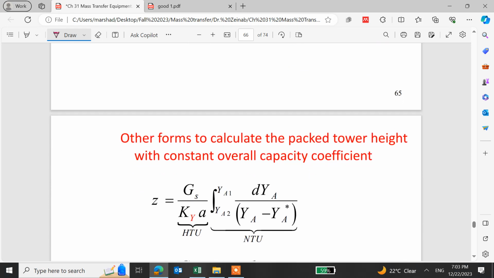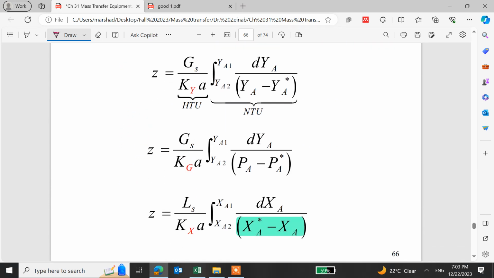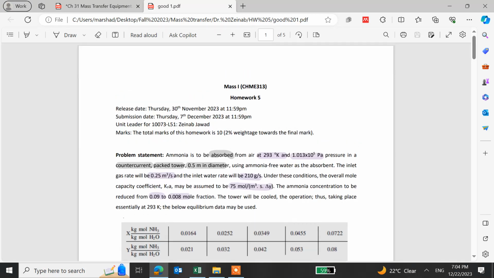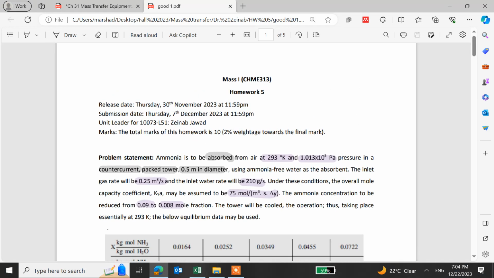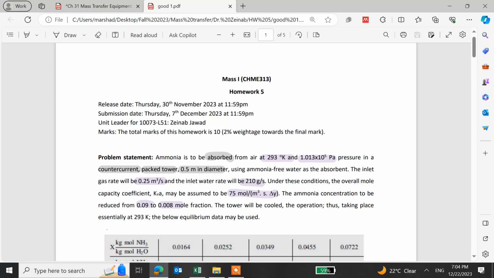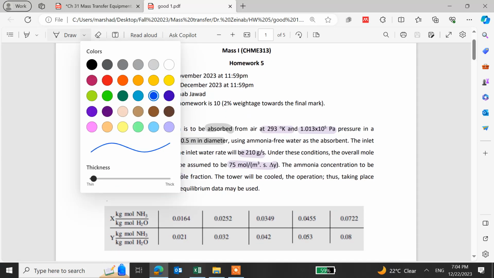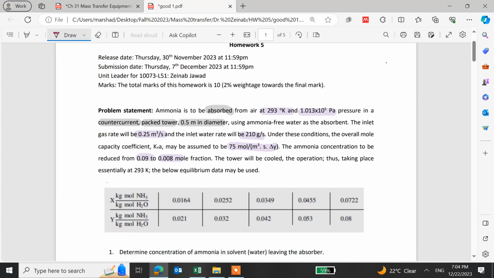So this is the equation. Let's solve this question. This is very similar to the one in your slide. The problem statement is similar to one we solved before. The absorber temperature, pressure and diameter are given. This is the inlet gas flow rate G1 as a volumetric flow rate.